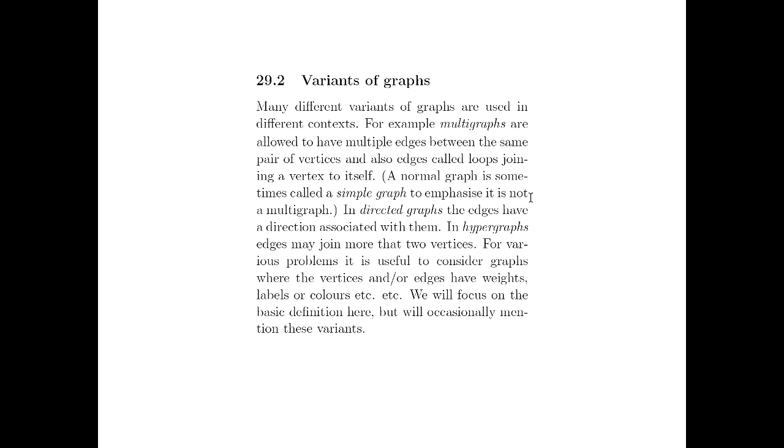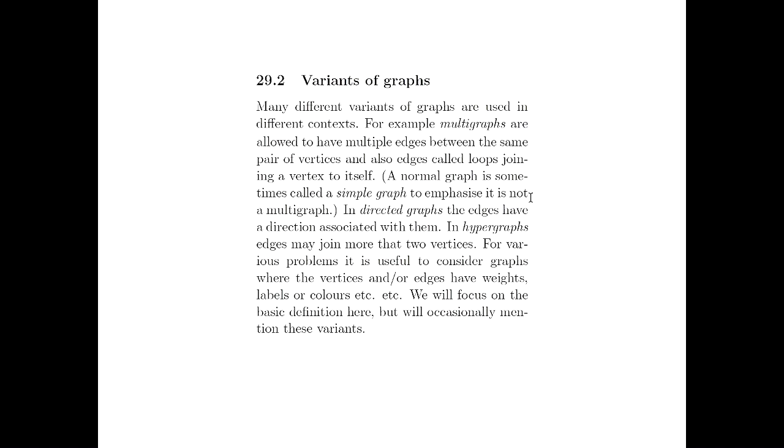You might, in that situation too, sometimes have two equally good streets between two different places, so you might want to have multiple edges between vertices. You might want to allow edges from a vertex to itself.